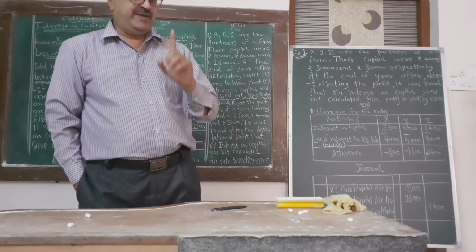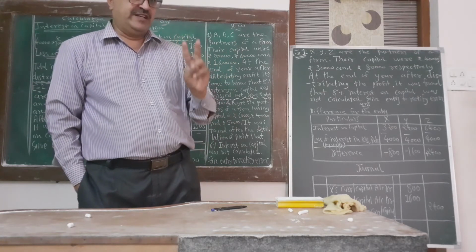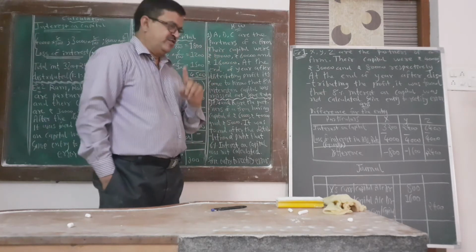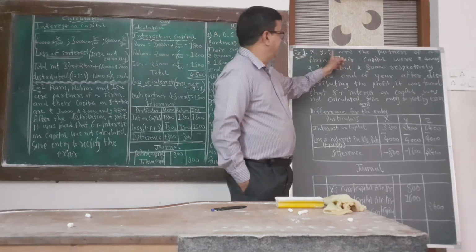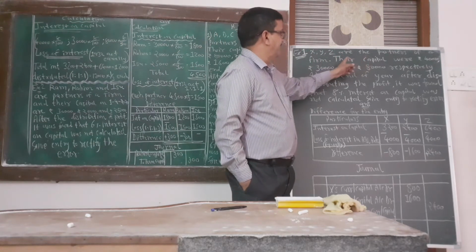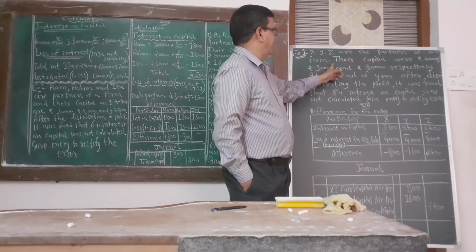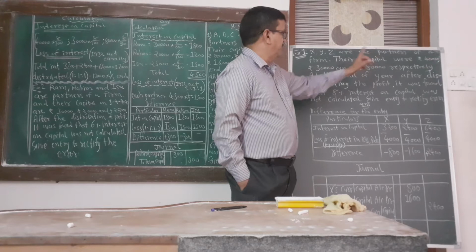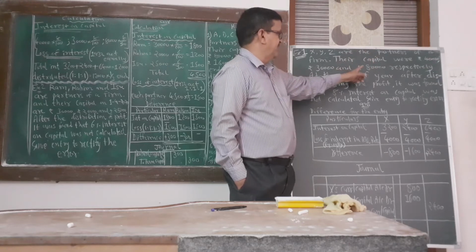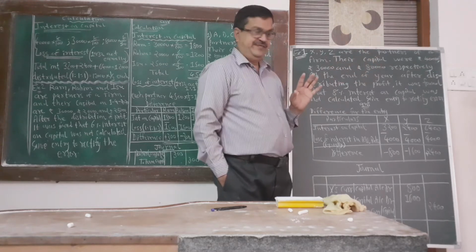So rectification of error, there is a second type of example, interest on capital. First example, friends: X, Y and Z are partners of a firm. Their capitals are rupees 40,000, 30,000 and 80,000 respectively.